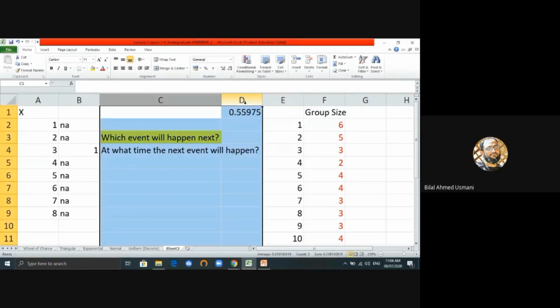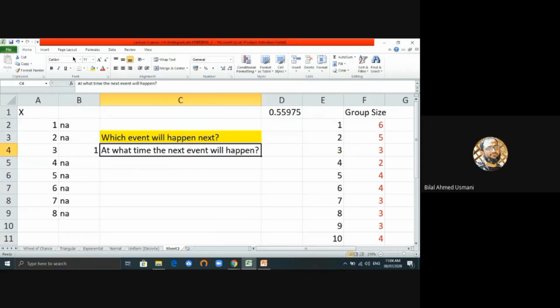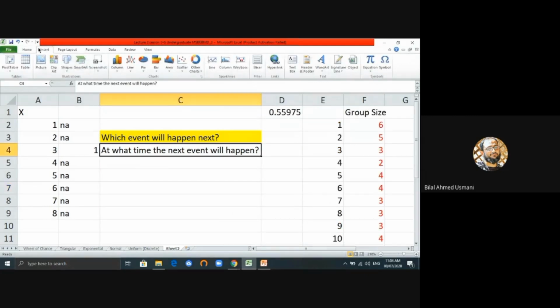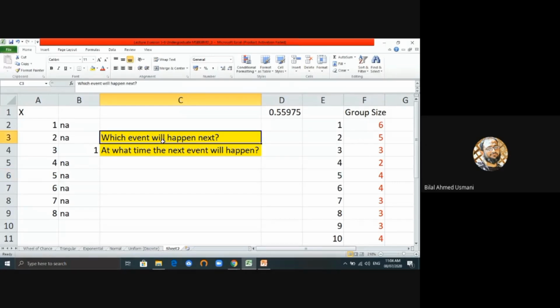These two types of questions are being investigated in a discrete event simulation. Sometimes a discrete event simulation is built only on question number 1. Sometimes it is built on question number 1 and question number 2.